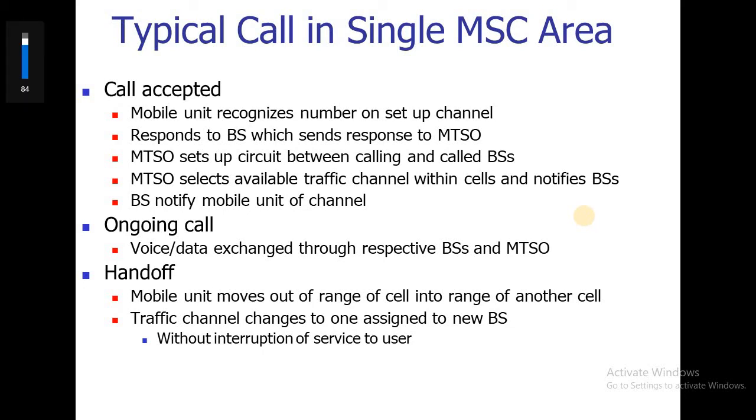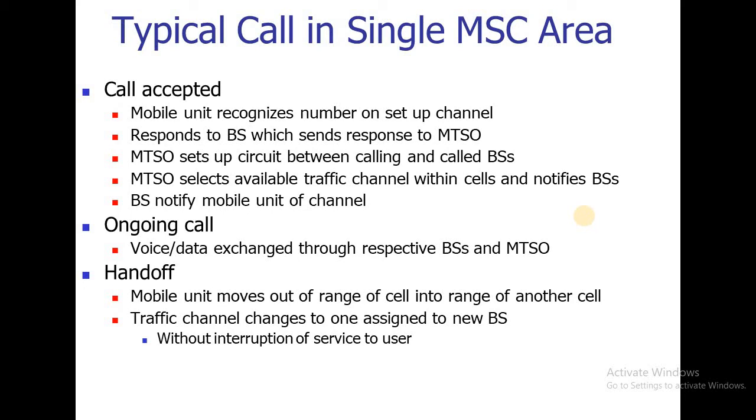From here you are going to receive the signal. The MSC, also called the MTSO, responds to the base station, which sends a response to the MSC. The MSC sets up a circuit between the calling and the called base station. So it establishes the connection between two base stations.